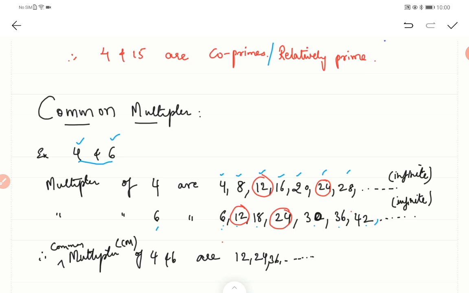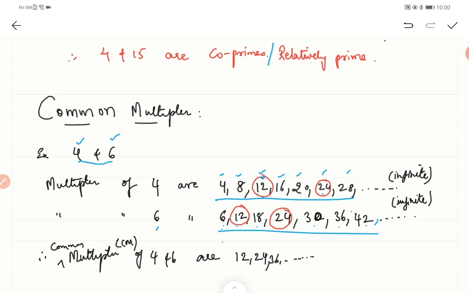These multiples are infinite. Just take the common ones between these two rows. You have 12 as common in both, and 24.